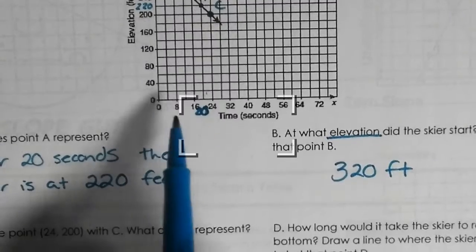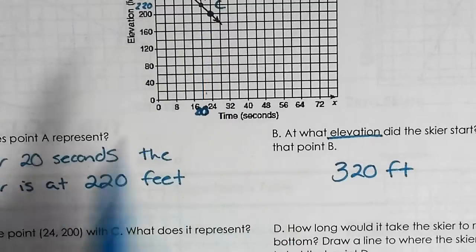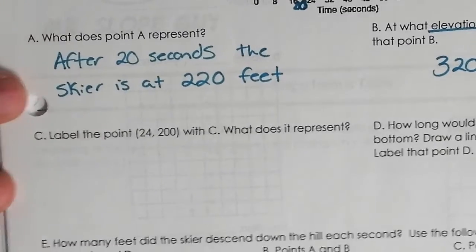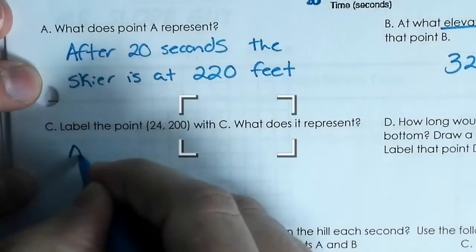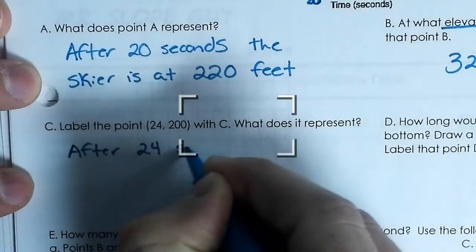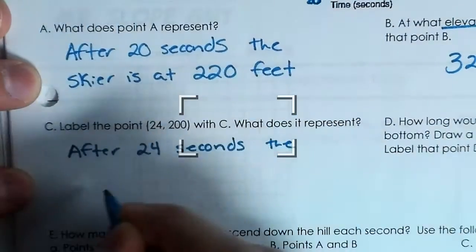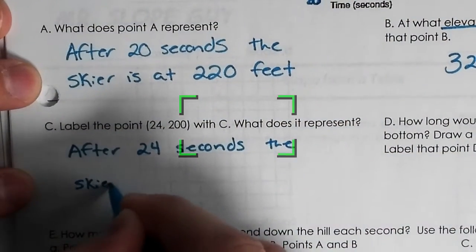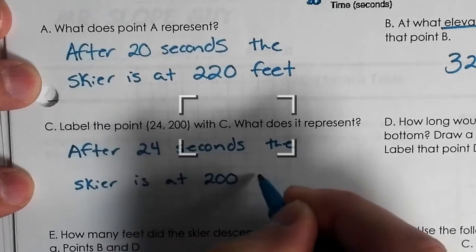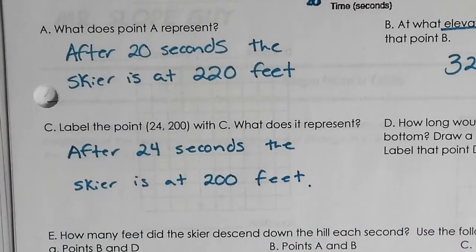So after 24 seconds, the skier is at 200 feet. We can write something like that down. After 24 seconds, the skier is at 200 feet. That's really what that means.